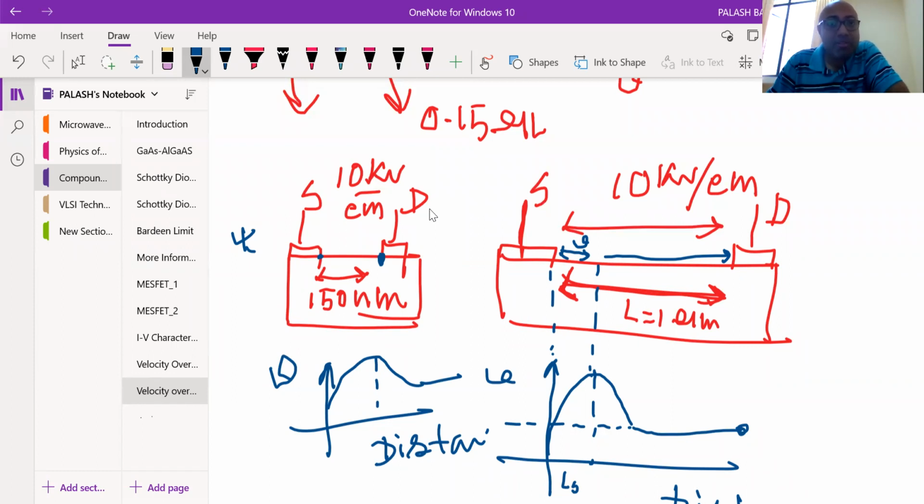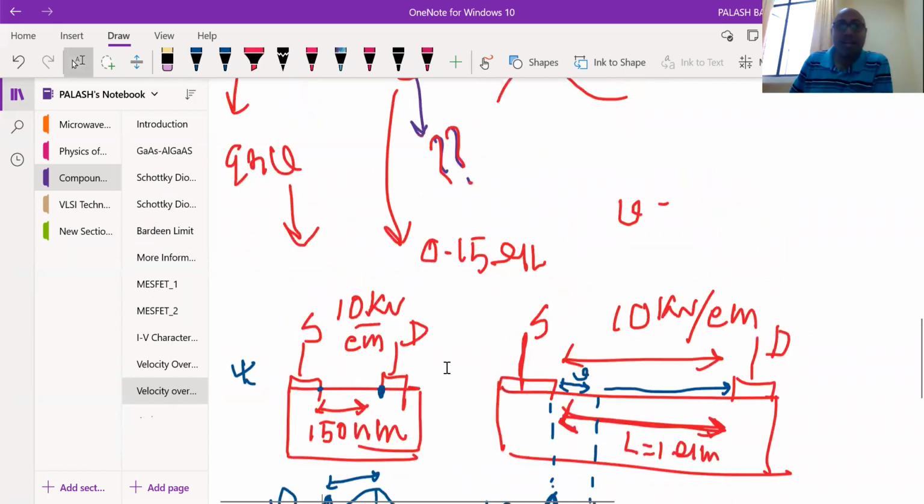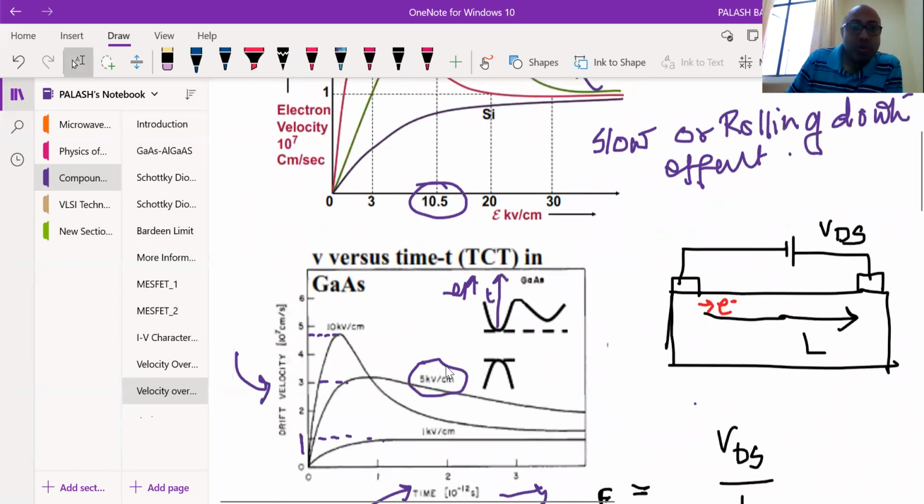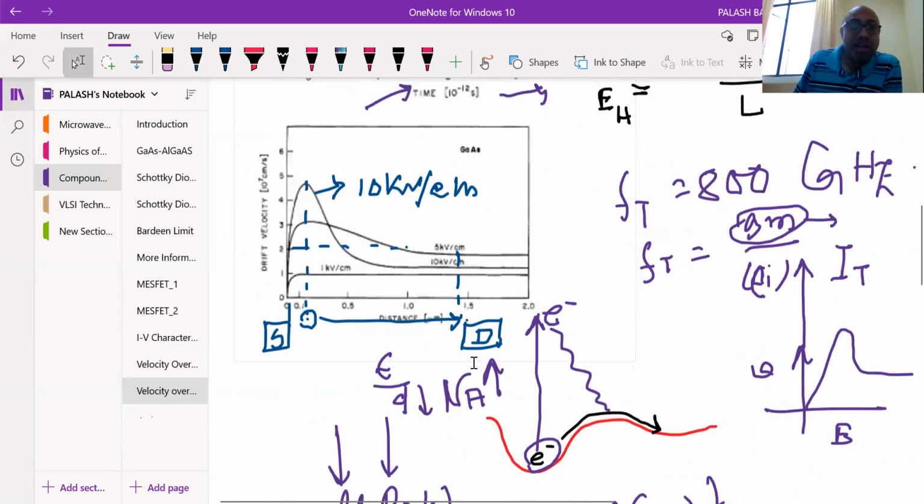So that's what I'm saying. Your source and drain position should be such that it is across the tip of this velocity curve. So you should be very careful before you design things.